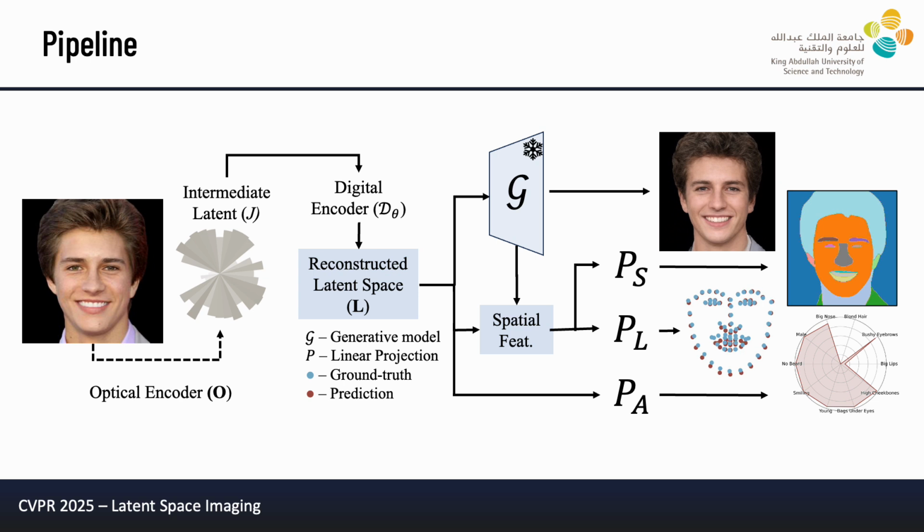The reconstructed latent can be linearly projected to perform downstream tasks directly, such as facial segmentation, landmark detection, and attribute classification, without requiring the image reconstruction or a complex new model.